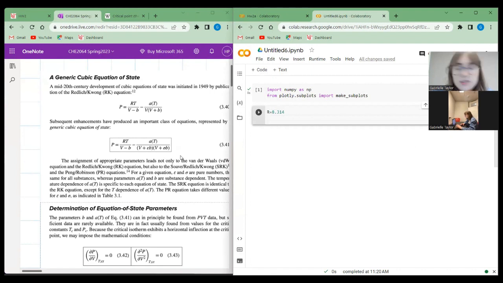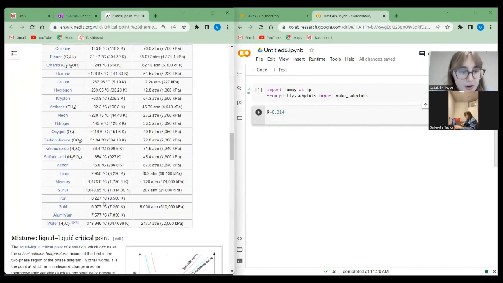Okay, since in our last section we derived A and B, and we found that the critical point is 3/8, we know we've evaluated this at the critical point. We're doing this for water, so we have to put in our temperature and pressure at the critical point.